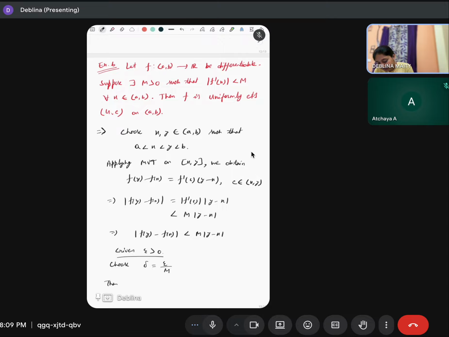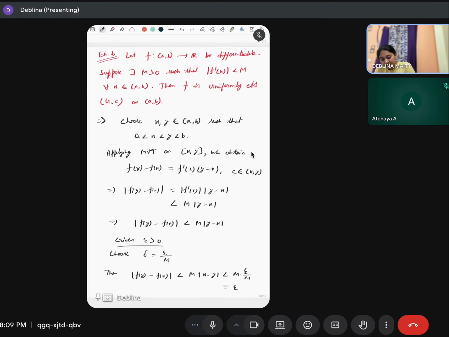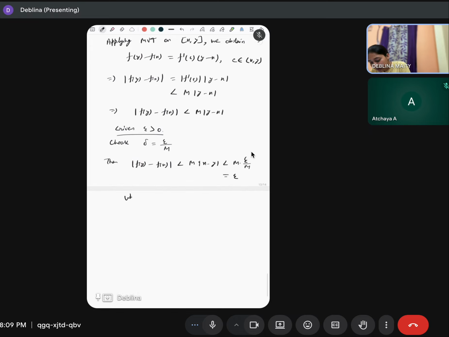Then we'll get mod f x minus f y less than m into mod x minus y, which is less than m into epsilon by m, which is equal to epsilon, whenever mod x minus y is less than delta, right?